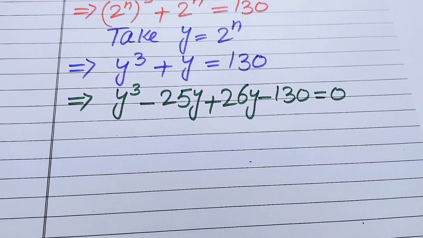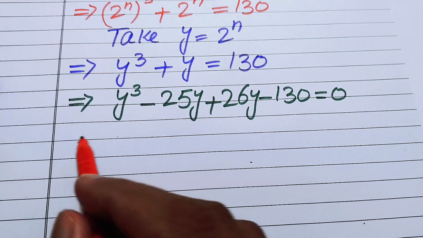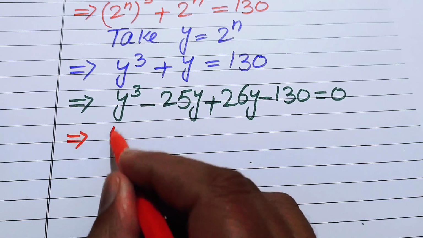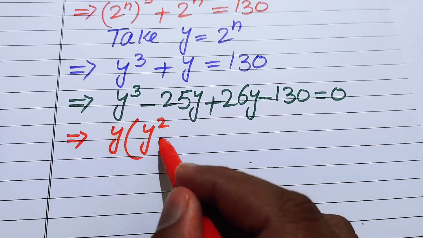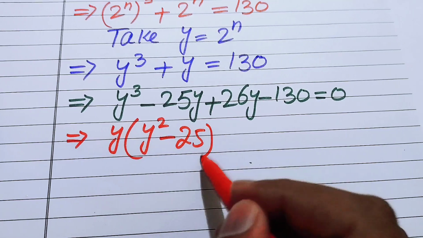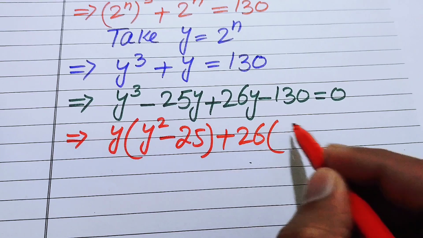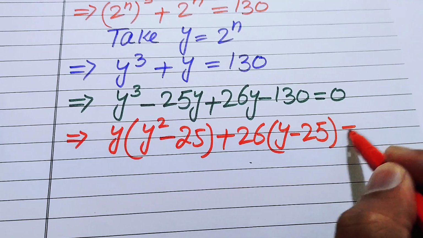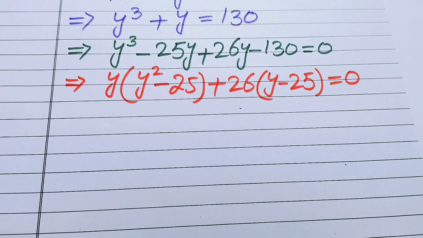So now we factor this equation with no effort. Here you can just take common y, and you will obtain y squared minus 25, and here you take common 26, and you will get y minus 25, and this whole equation equals 0.